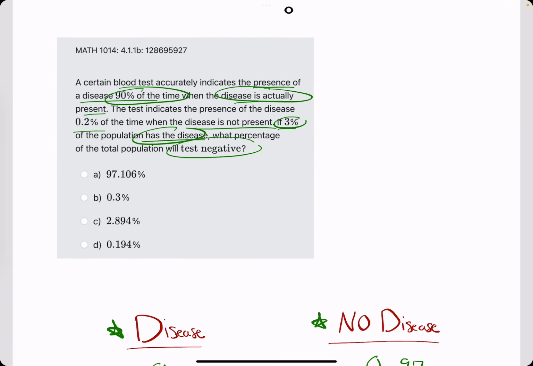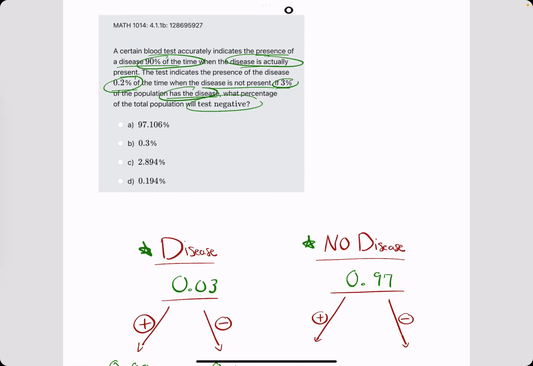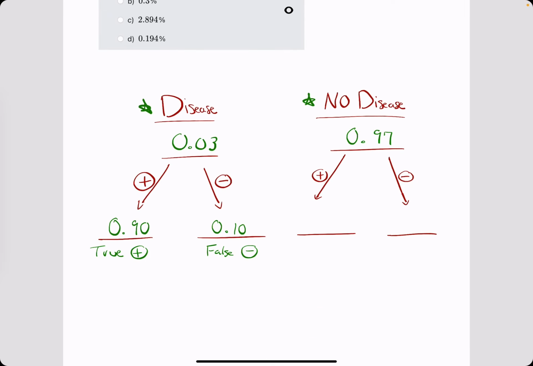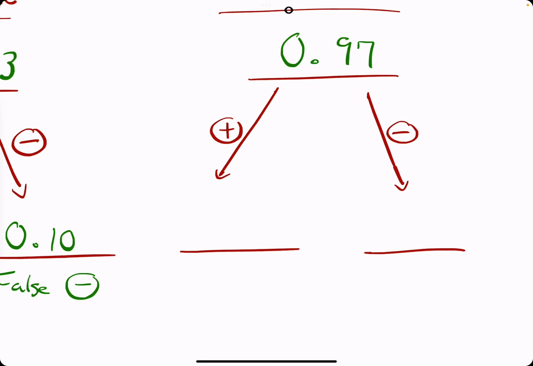Okay, now let's do the other side. They say the test indicates the presence of the disease 0.2% of the time when the disease is not present. So of the people that do not have the disease, 0.2% will test positive. As a decimal, moving the decimal back 2 places, that's 0.002, times 97%.